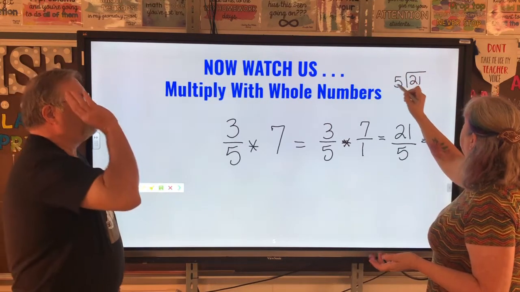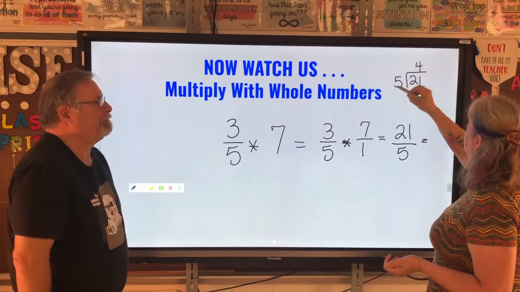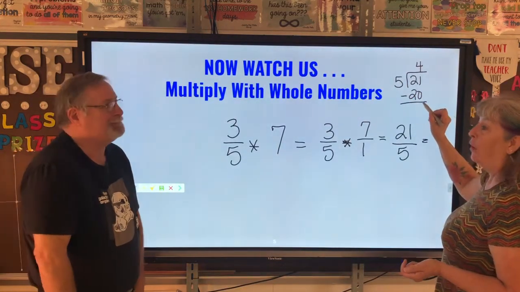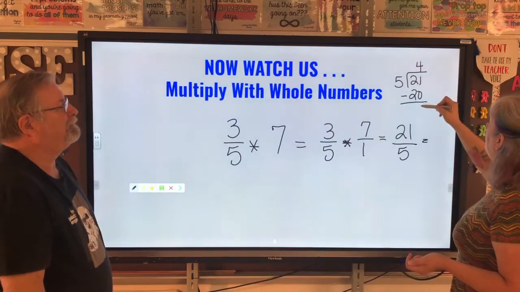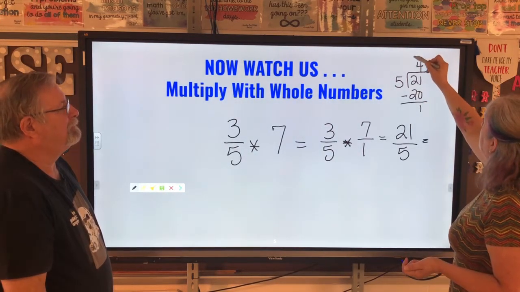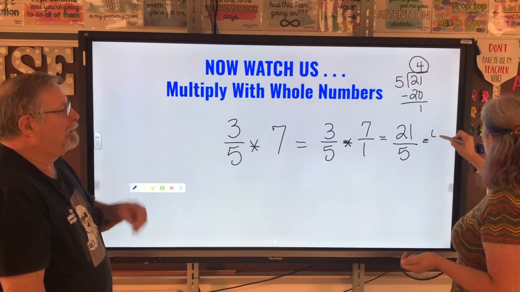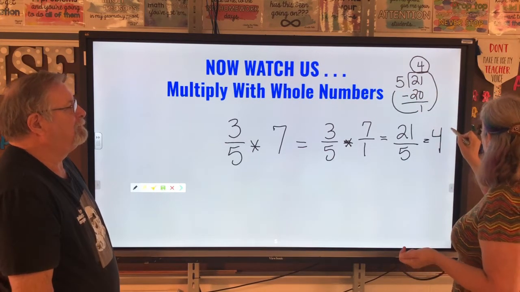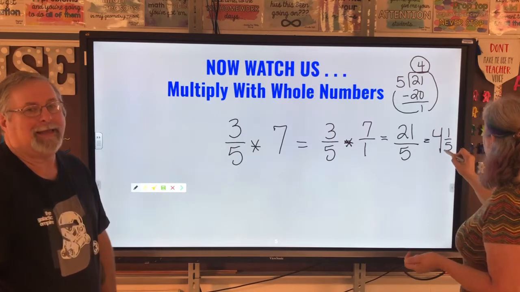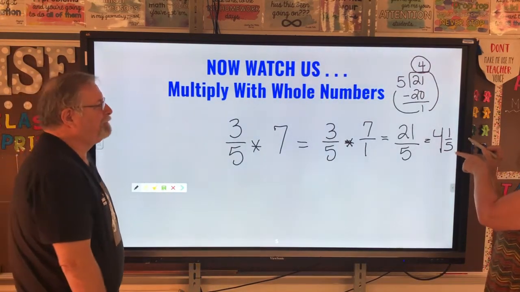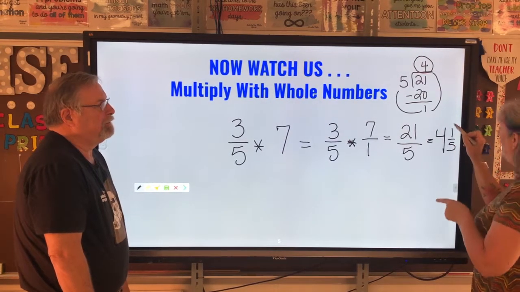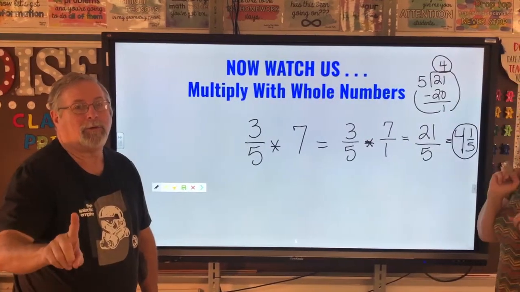I think there are 4 of them. 4 times 5 is 20, and we have 1 left over. So we do the whole number, 4, and then we have 1 out of 5 left over. I know that's in lowest terms because 1 is the numerator, which means I am done.